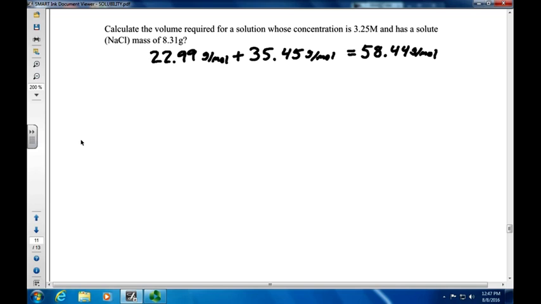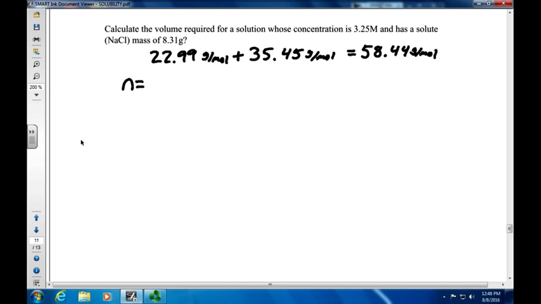So, given that information and given that we have the mass, we calculated this molecular mass in order to use it to manipulate the mass of the solute to give us the moles of the solute, which in turn will be used for our molarity calculation. So, we can then solve for moles, which is what we need in order to find the missing value, which is volume.